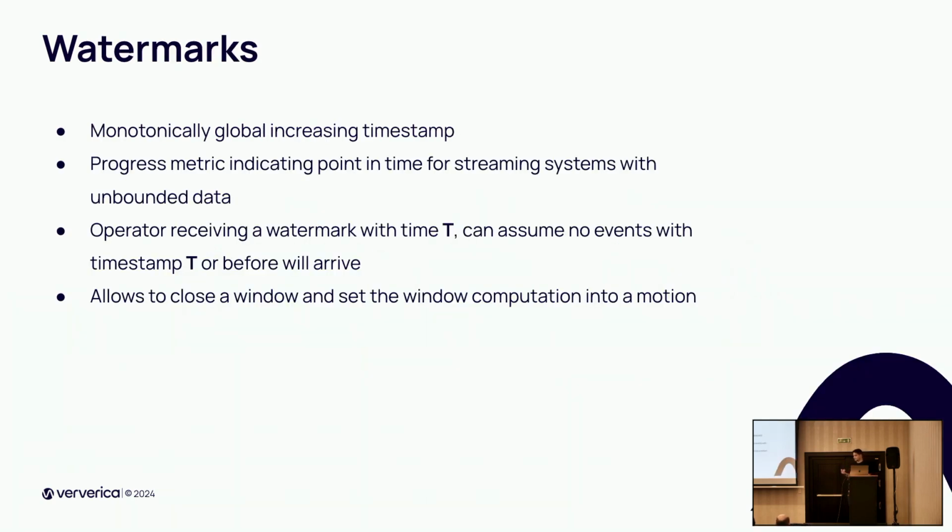Another concept is watermarks. So, for example, when we have a window, and my examples are based on a window on event time boundaries, and when we do some aggregation on that window, we want to know if all the events which belong to that window were included in the summation or computation.